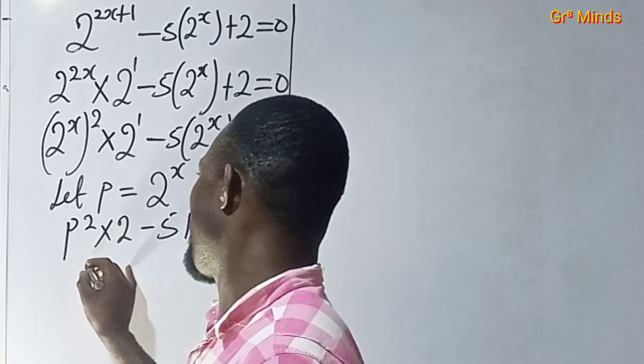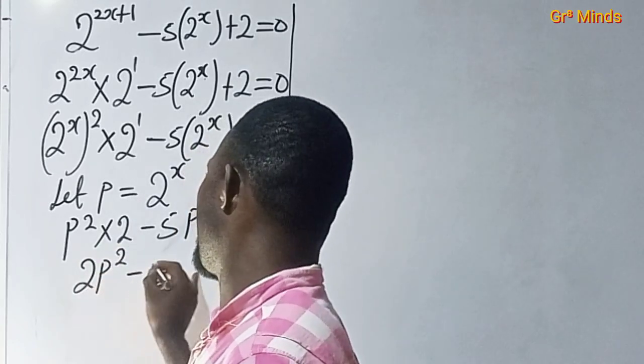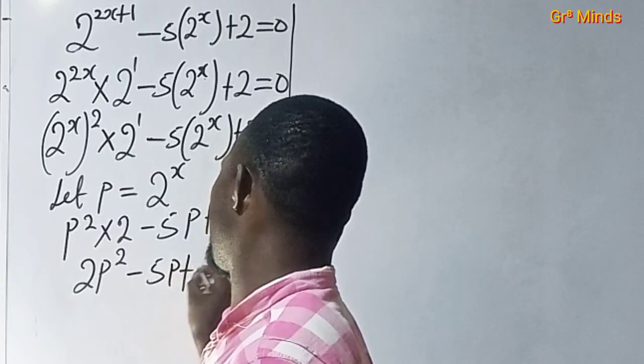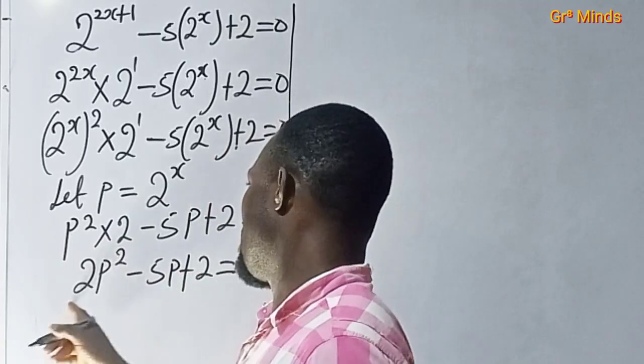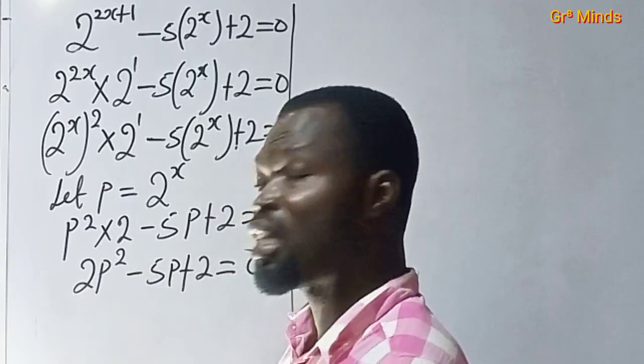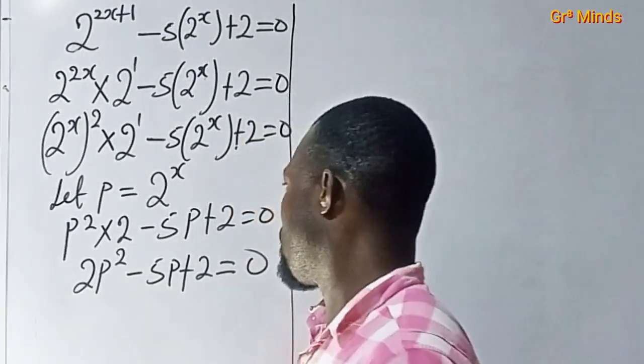P squared times 2, we have 2p squared, then minus 5p plus 2 equals 0. Now, this becomes a quadratic equation that can be solved using any method of your choice.